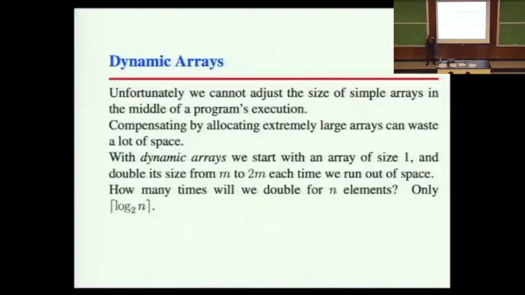What is the total amount of work I'm doing when I keep doubling and keep copying? Now we know we do log base 2 of n doublings. So give me an upper bound, a big O, of how much work I'm definitely never doing more than. Give me a big O of some running time that you think is the work required after I've done n inserts into this array.